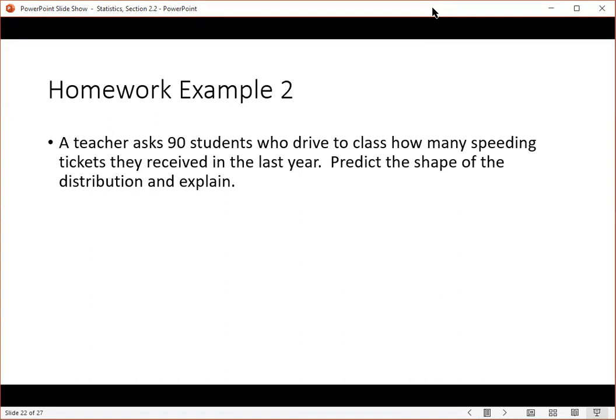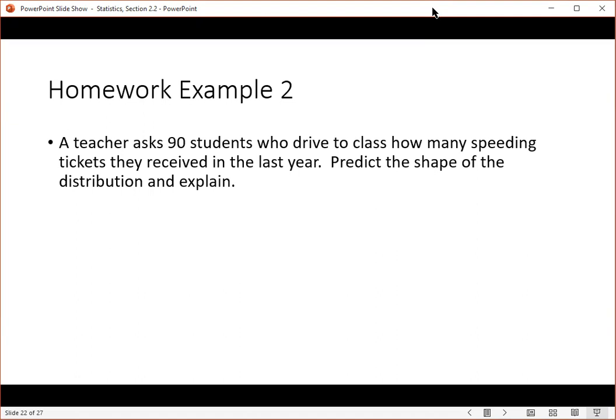Now think about the shape of that. We have a big peak at 0, a big tall tower at 0. And then at 1, we have a much smaller number of people with speeding tickets. So it definitely falls sharply from 0 to 1. And then it continues to fall as you go to 2 and 3, and 4 and beyond speeding tickets.